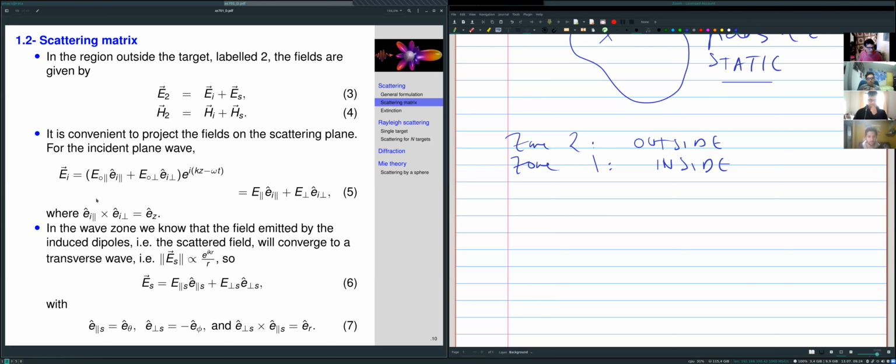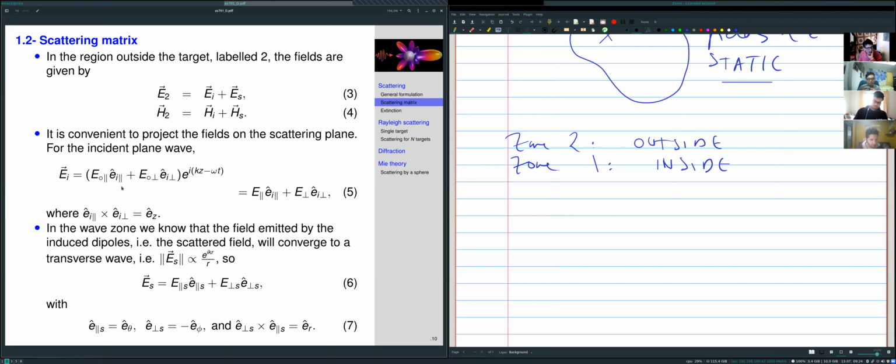Okay, so to do this, for instance, if we want to describe the polarization state of the incident radiation, we'll have to project the unit vector representing the polarization of the incident wave onto the plane of scattering.